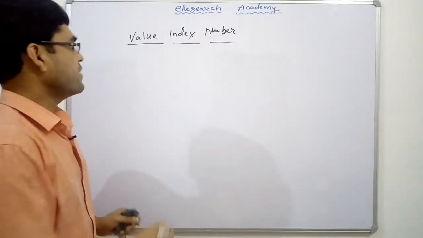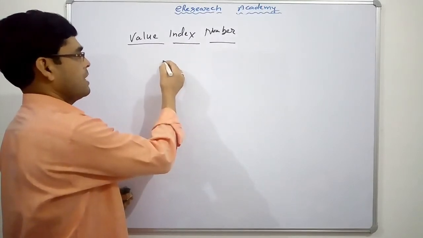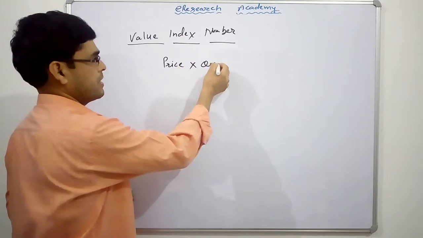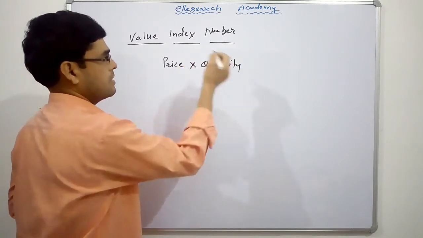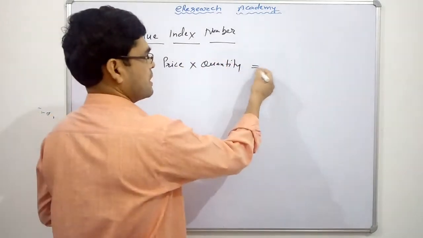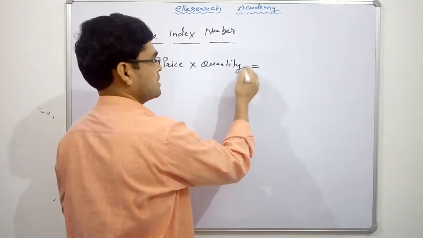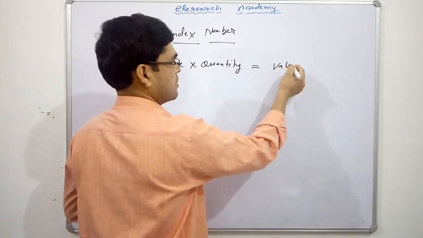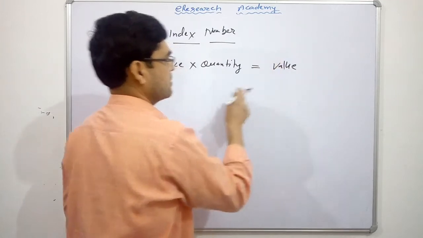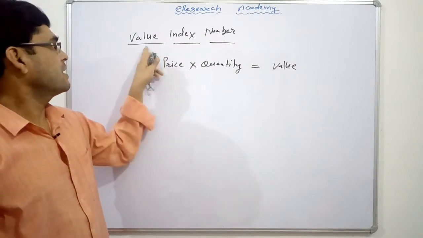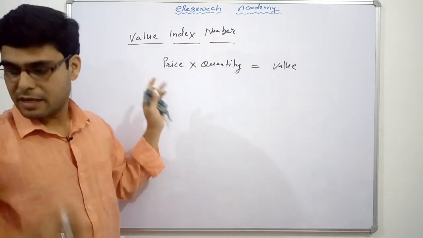Value is nothing but the multiplication of price and quantity. Whatever we consumed and the payment made for this is known as the value of this consumption.